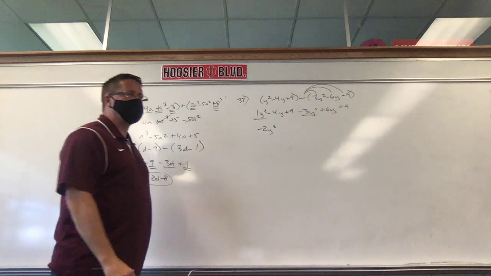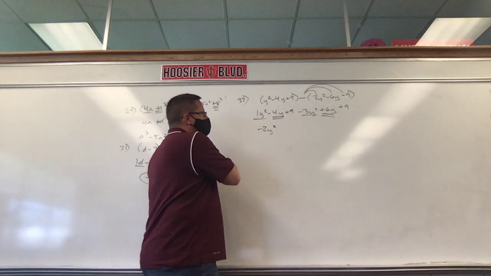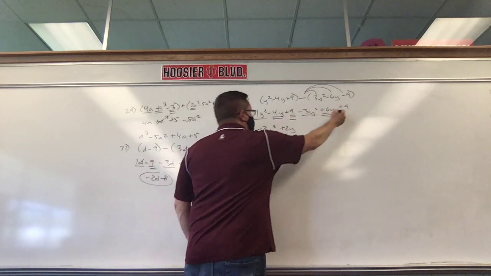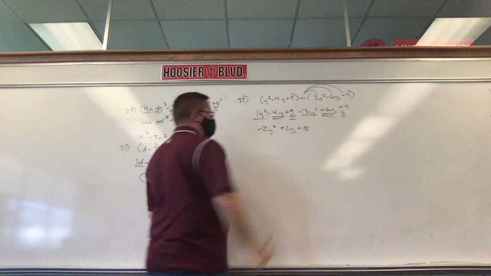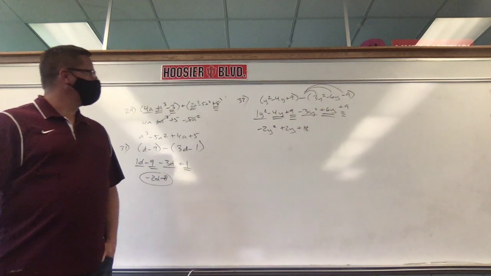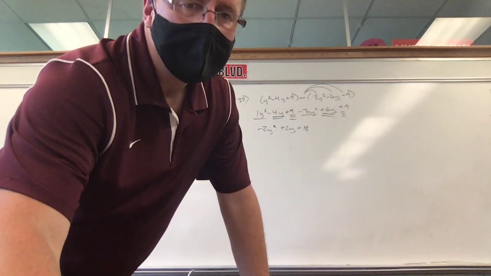Negative 4y and positive 6y is a positive 2y. 9 and 9 is 18. Is that in the right order? Yeah, the exponents go from big to little. 2 more.